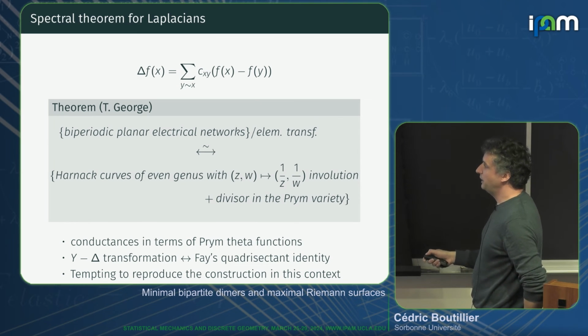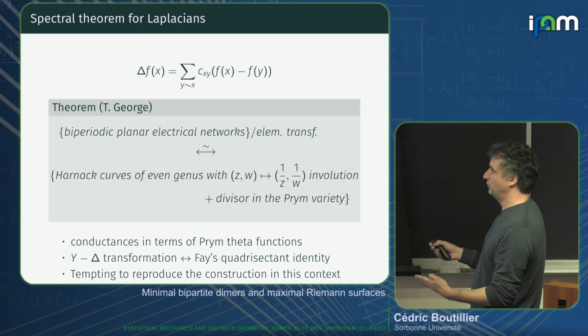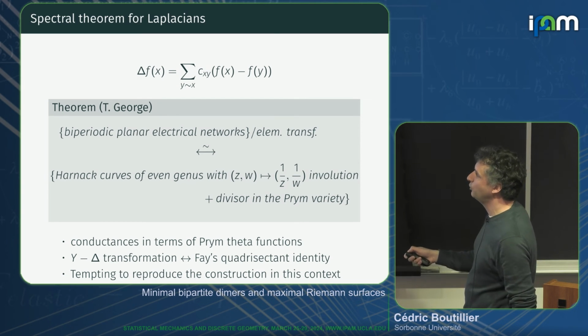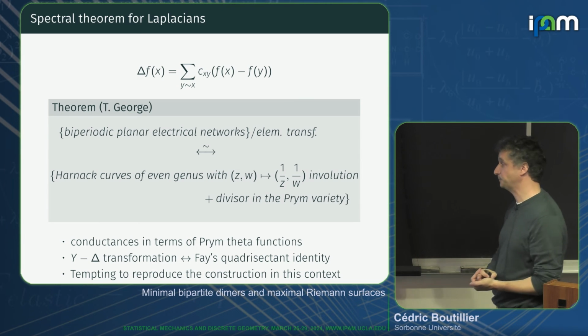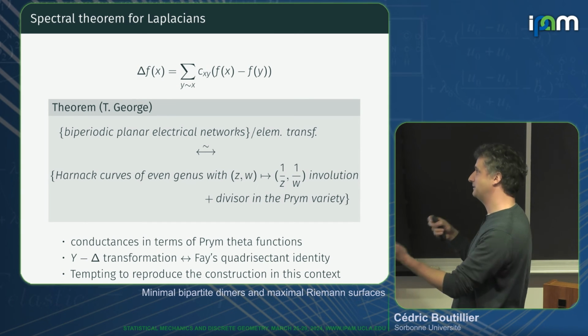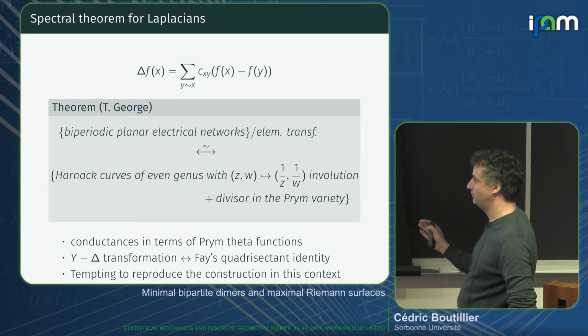So this additional involution can be understood as the Fourier translation of the fact that this operator delta is symmetric, and somehow the fact that this Harnack curve is characterized by the fact that this operator is positive.